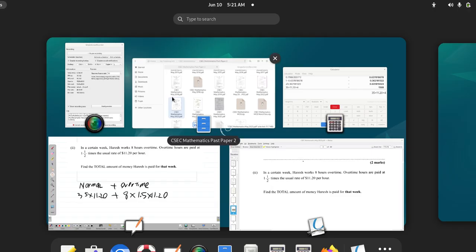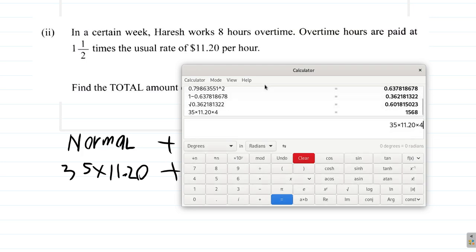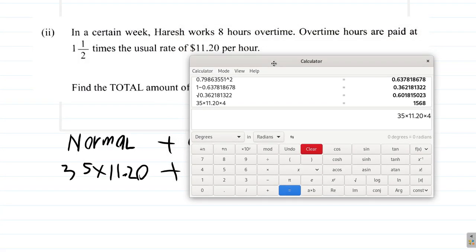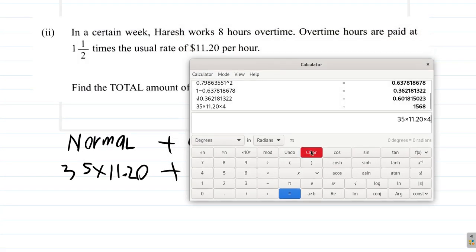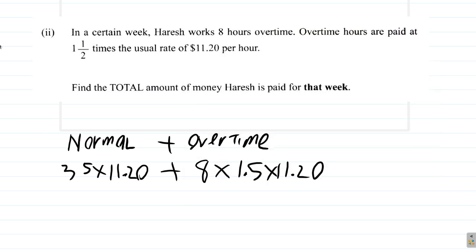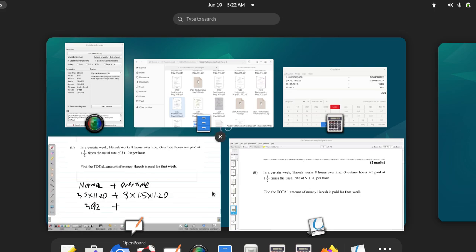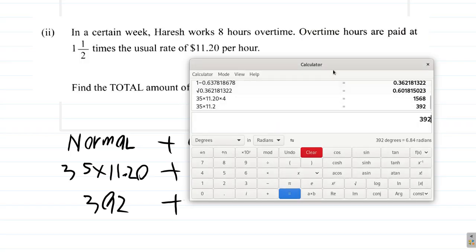So here now, the normal money, that's 35 times $11.20, giving you $392. So it's $392 plus now the overtime part.